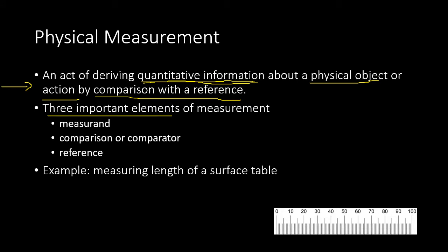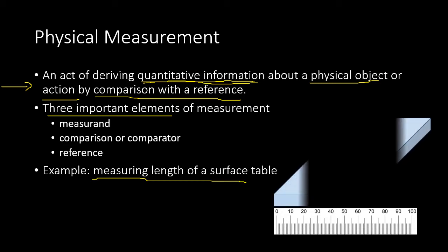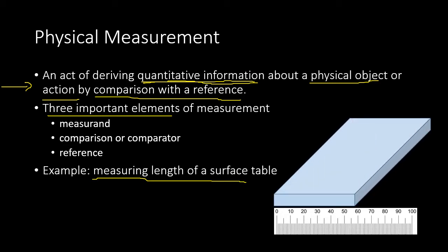So let's take an example to understand these three elements in any physical measurement. Suppose we want to measure the length of a surface table. So this is a surface table and we want to measure this length of the surface table.